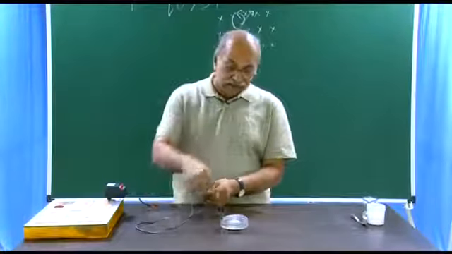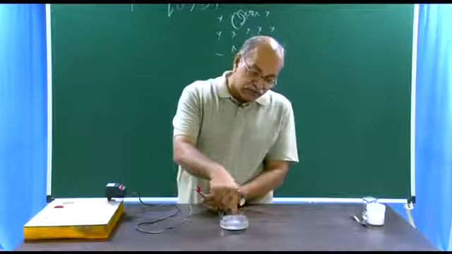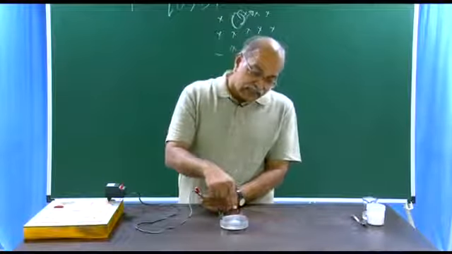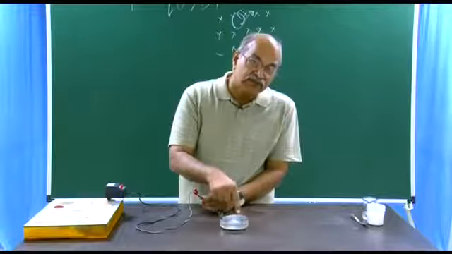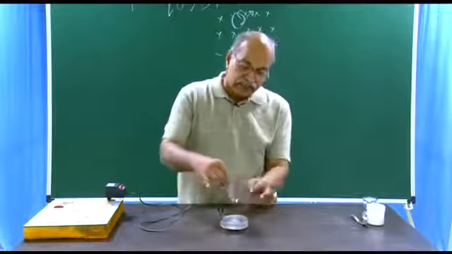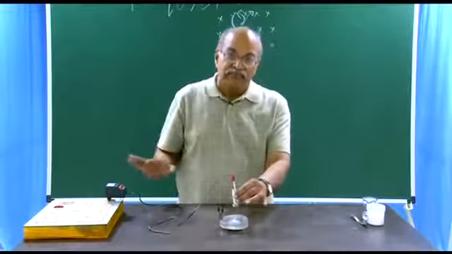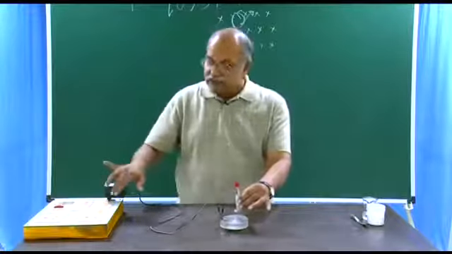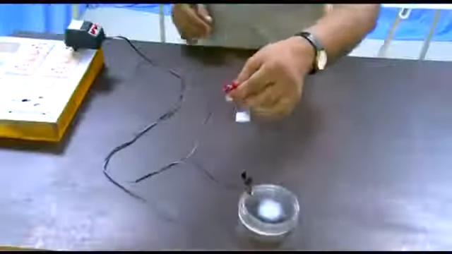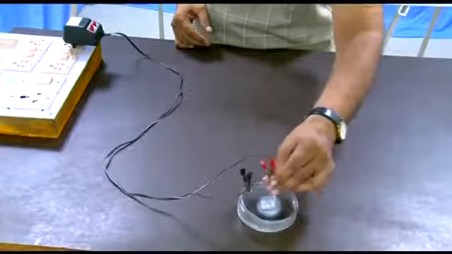The current will go to this aluminum ring, and then through this water in which I have dissolved the salt, it will come to this strip and then back to the adapter, and you see what happens when I connect it and switch it on. So, I am putting it here and then switching the power on.